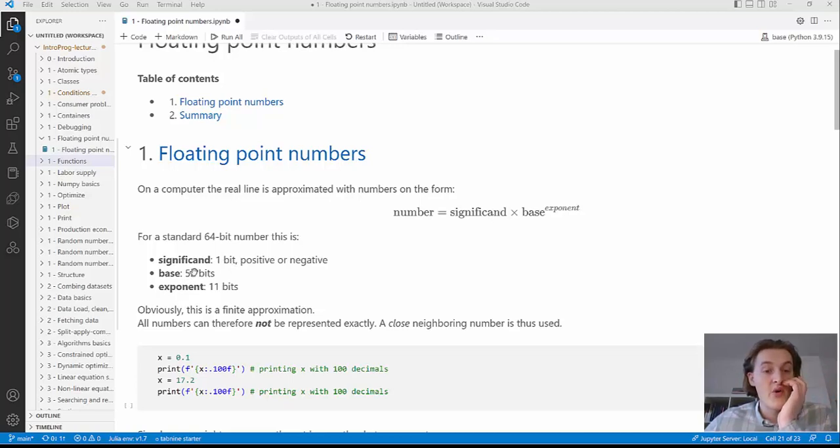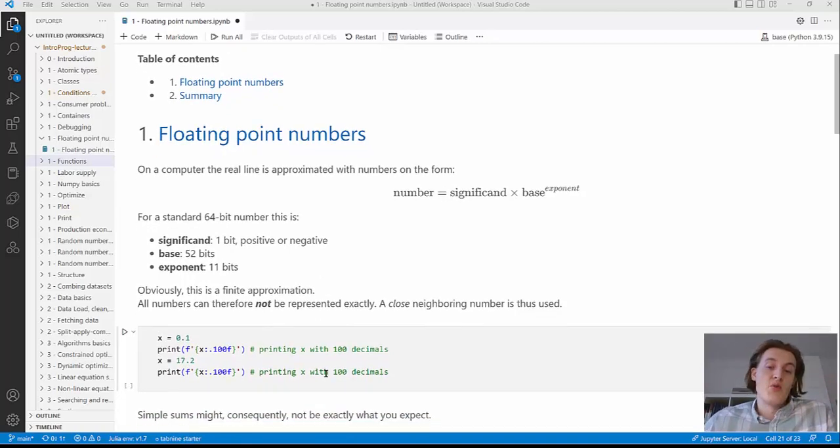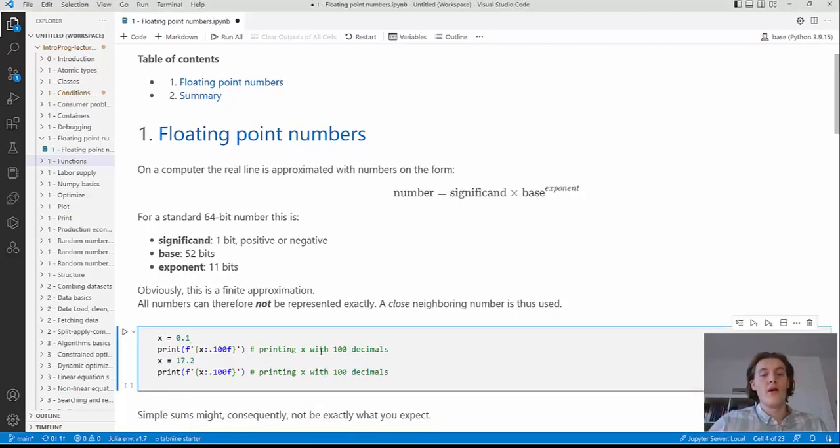The sign takes up 1 bit, the base takes up 52 bits, and the exponent takes up 11 bits. This is a finite approximation, but it gives a lot of different numbers, and you can go from minus a huge number to plus a very, very huge number. But you cannot represent all numbers exactly.